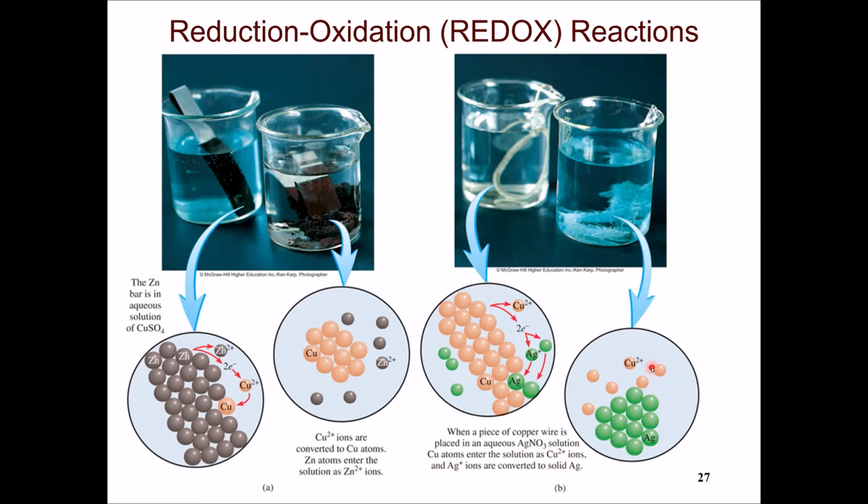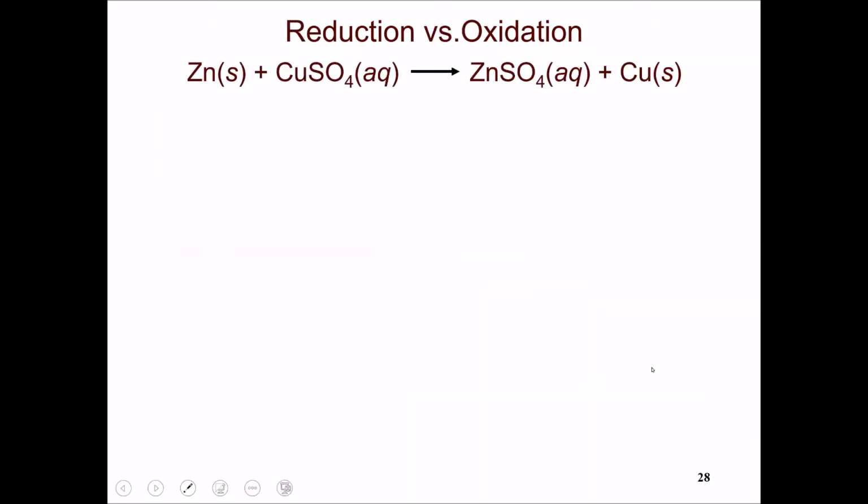So we need to differentiate between the two processes that take place mutually in a redox reaction, which is reduction versus oxidation. Oxidation is losing electrons. So when zinc atoms convert into zinc 2+ ions and lose 2 electrons, that's a loss of electrons. And on the other hand, copper ions will gain 2 electrons and convert into copper atoms.